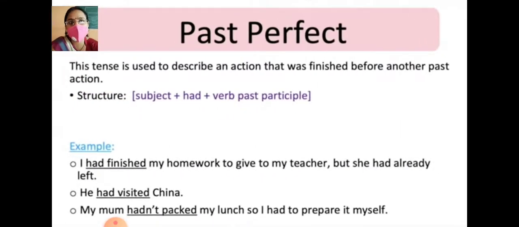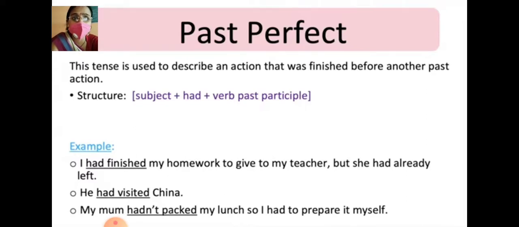Now the next type of past tense is past perfect. This tense is used to describe an action that was finished before another past action. It means in the past this action has to be finished. Let us see the structure. In present perfect you have seen has and have. But in past perfect, you are supposed to use had plus the verb past participle.